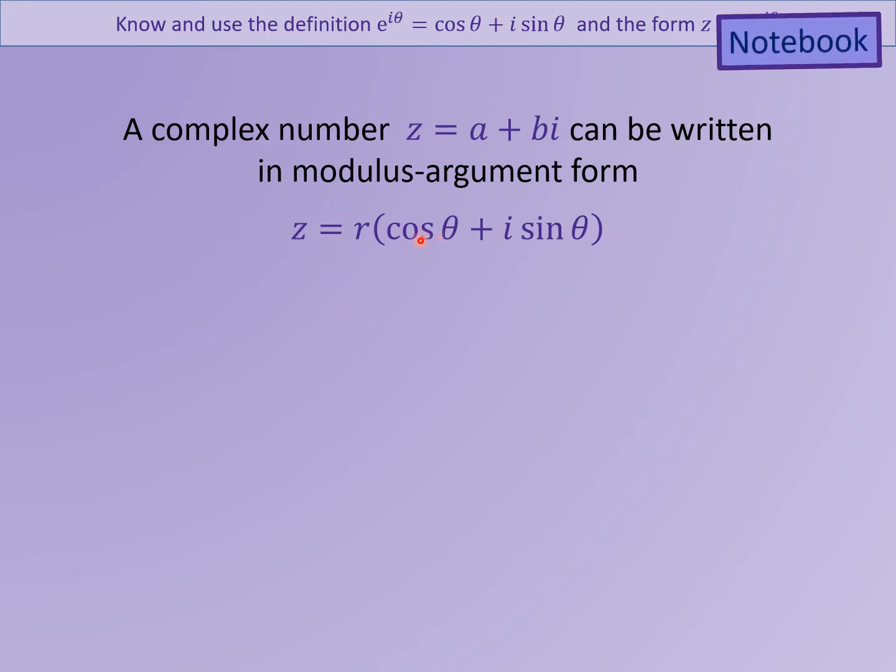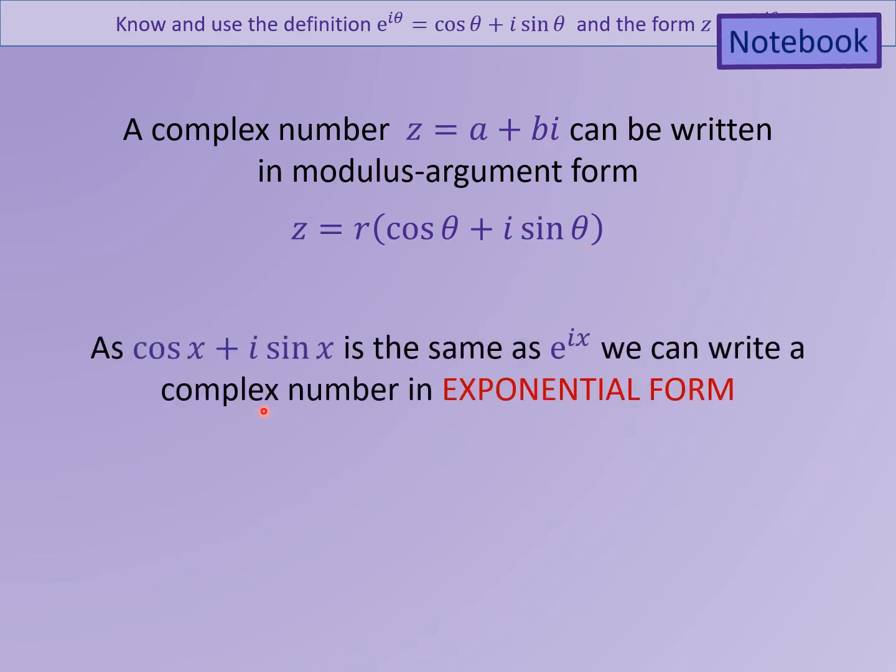Because we've just shown that cos theta plus i sine theta is the same as e to the i theta, we can now say a complex number can be written in exponential form: z equals r e to the i theta. And all three of those are different forms of writing a complex number.